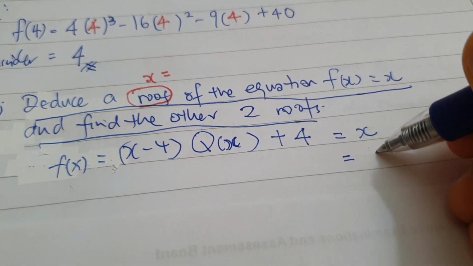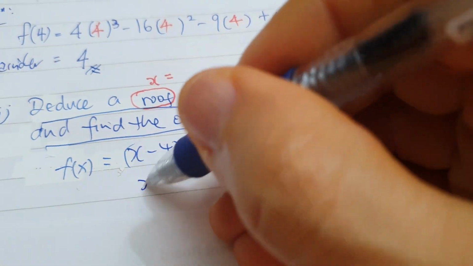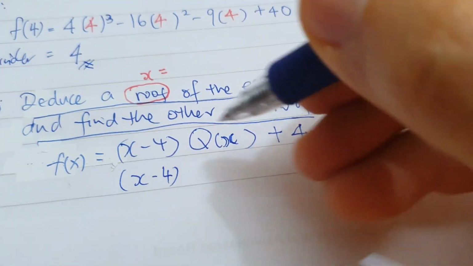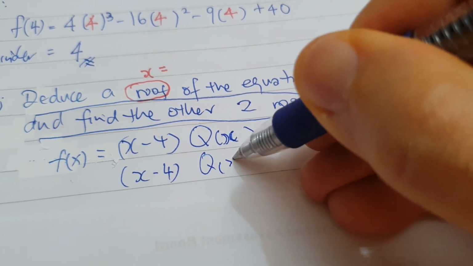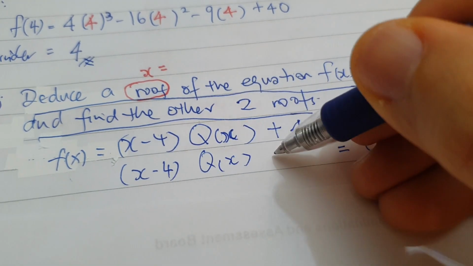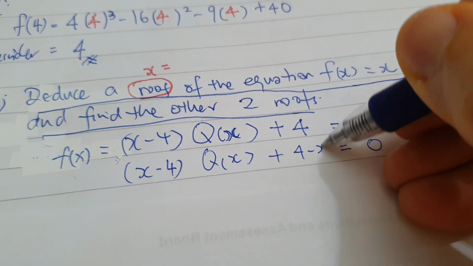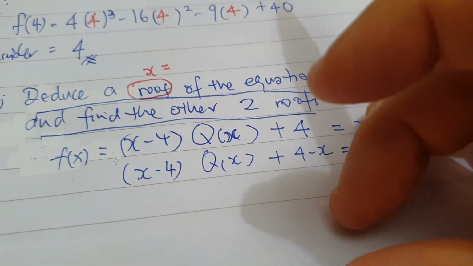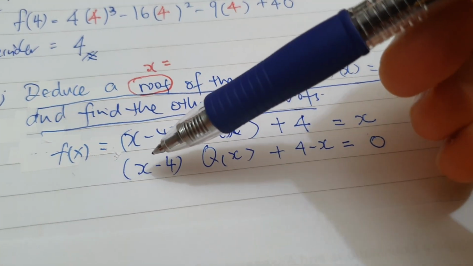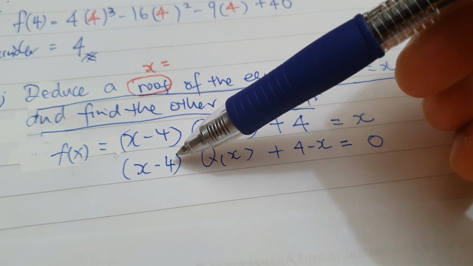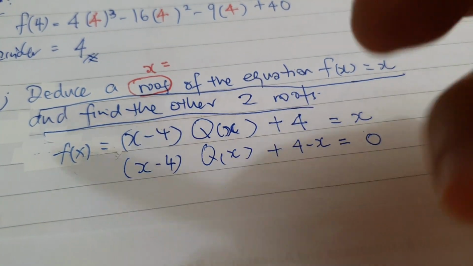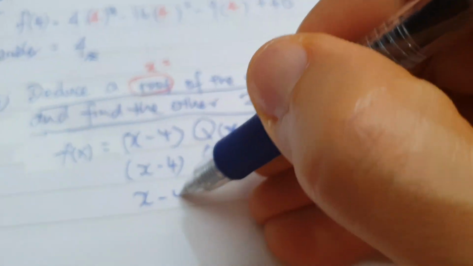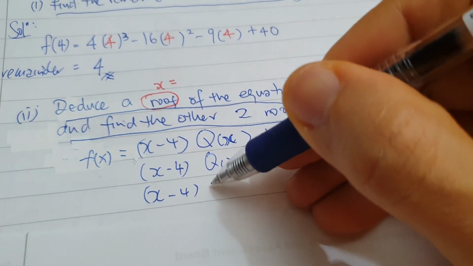So you minus x both sides, you will get this. This remains the same, nothing has changed here. This will change, but the trick comes here. The trick is here. You have an x minus 4 here, whereas this is 4 minus x. The only difference between these two is the sign.